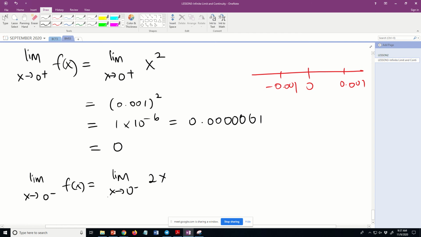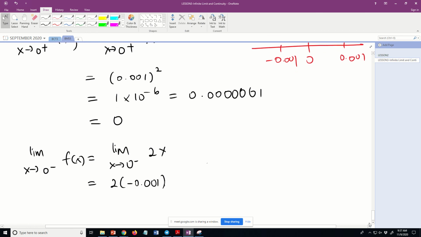Okay, what will be my last answer? Will be equal to 0. Okay, correct. So I put 2 times negative 0.001. Of course, dia punya jawapan jadi negative 0.002 kan. Maksudnya actually what? It's getting close to what? Correct. It's not negative 0, just 0 lah. Sebab walaupun dia negative, actually heading to negative ni duduk sini, tapi dia semakin menghampiri kosong lah. Itu maksud dia. So it's actually heading to 0 lah.